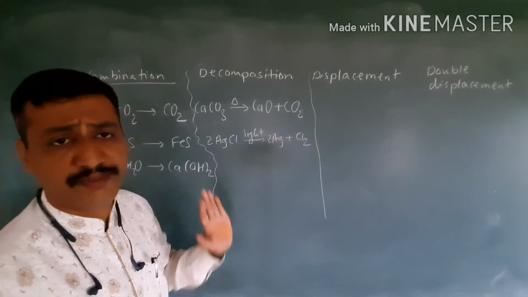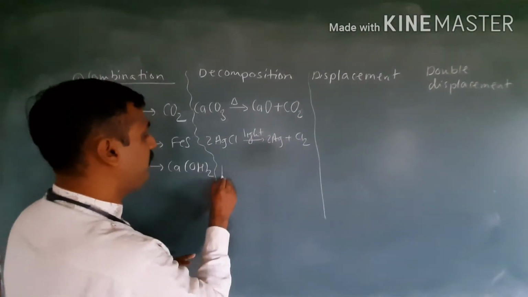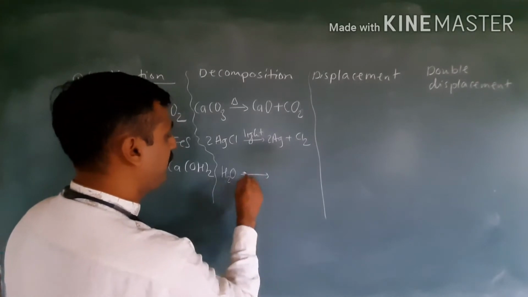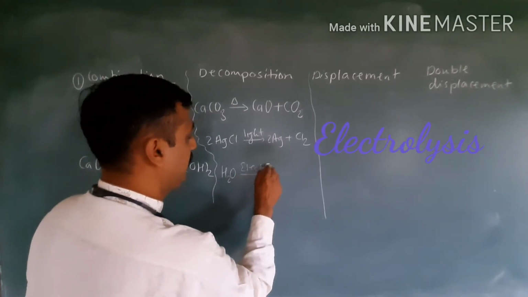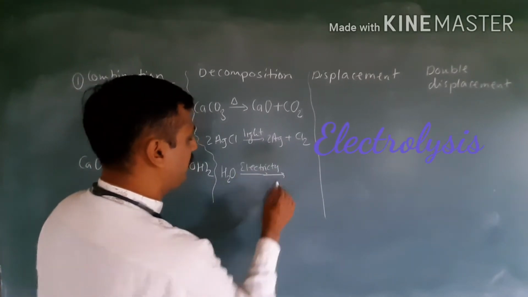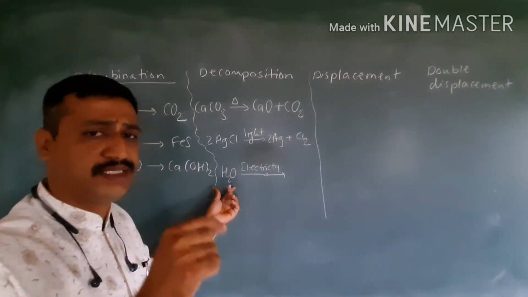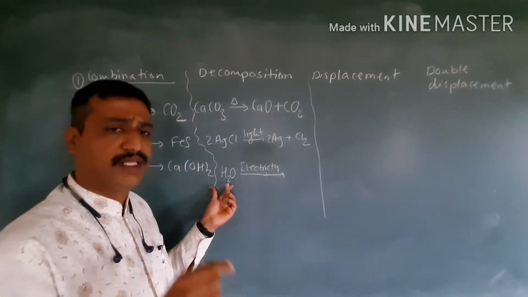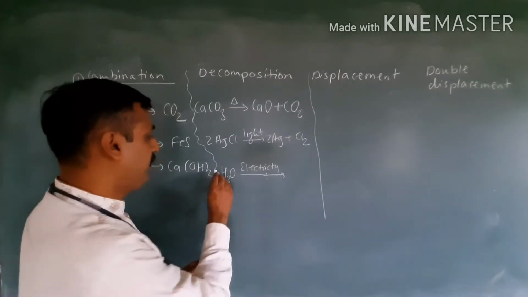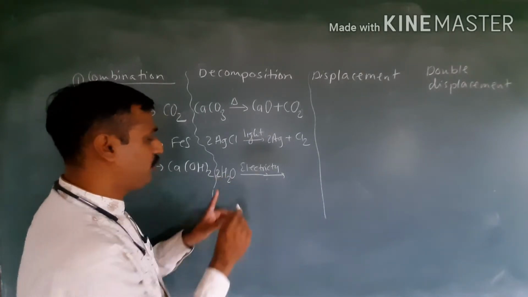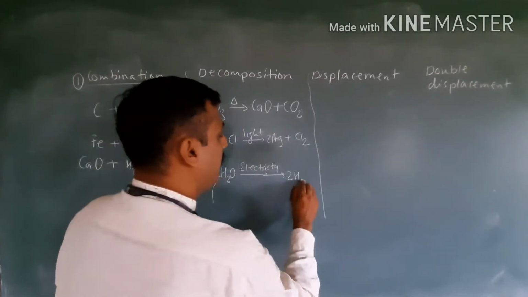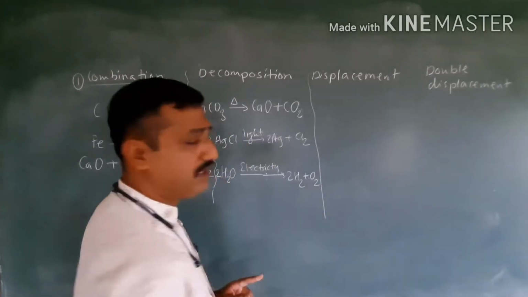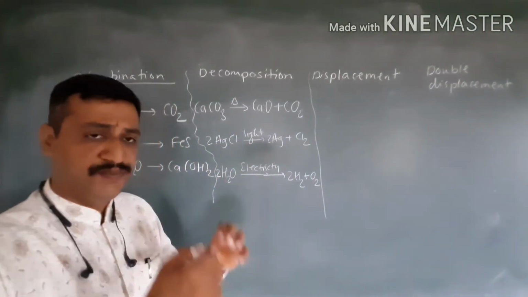So this is a decomposition reaction. For example, acidulated water. If we pass electricity through the acidulated water, meaning water with a very little amount of mineral acid, then we will obtain hydrogen and oxygen gases.